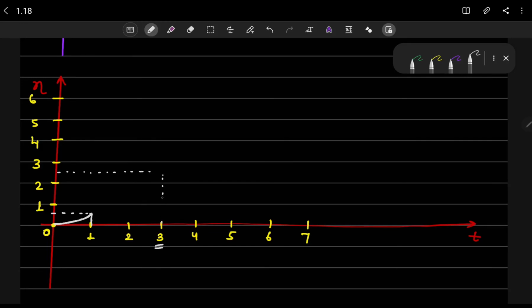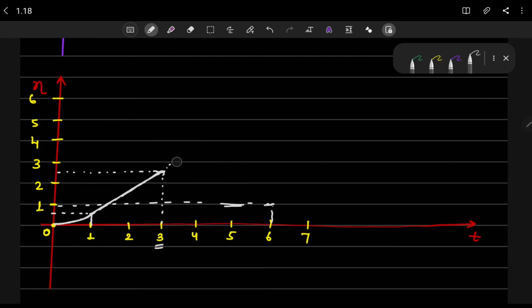So this is the position 5 by 2 at t is equal to 3, and the graph between time t is equal to 1 to 3 is linear. And at point 6 we know the value is 1, but from here it will not directly go to 1 because the equation is a parabola. So that's why it will go in the upward direction and it will come back to 1.